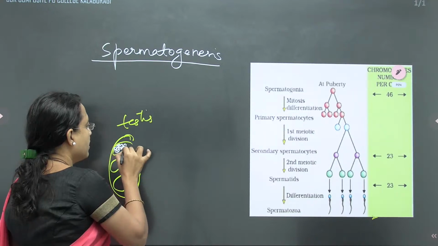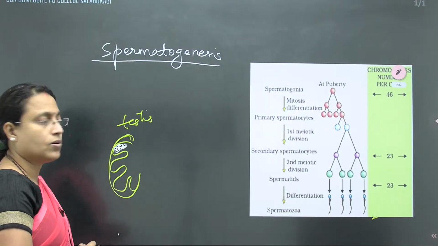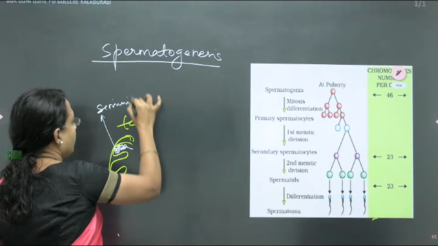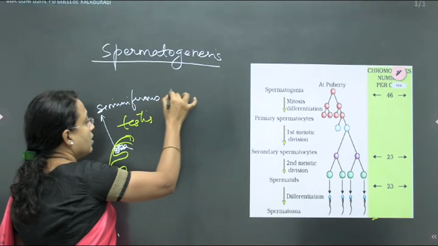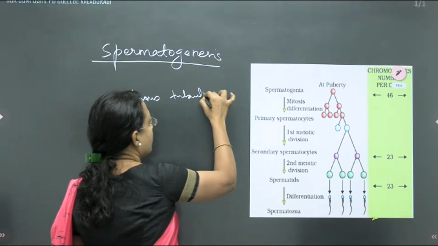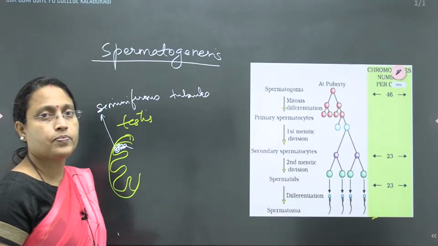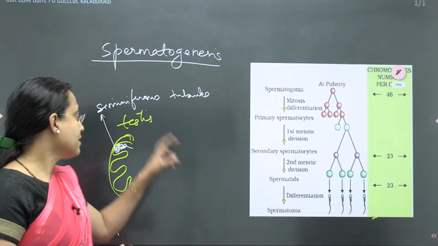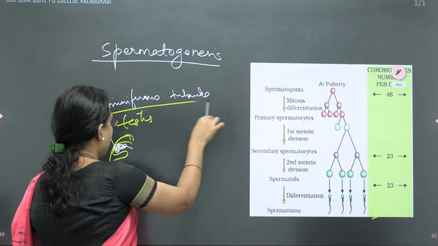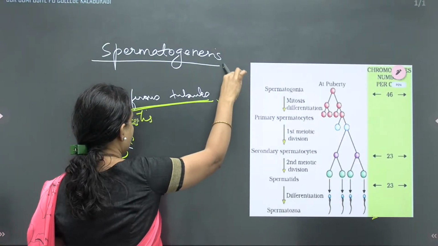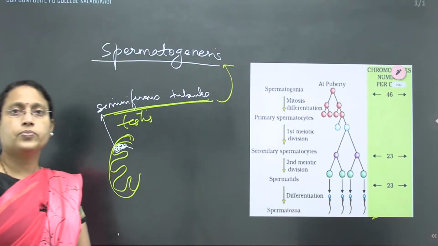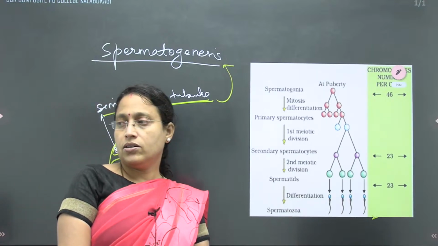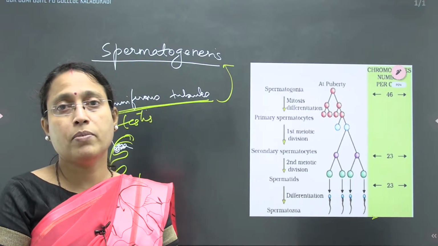In each compartment there are one to three coiled structures, which are called seminiferous tubules. This is where exactly spermatogenesis is going to occur. It is the site within the testis where the sperms are produced.